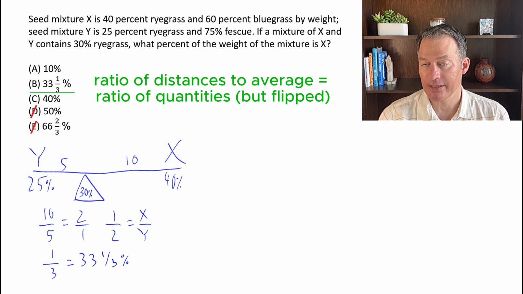Now you could also solve using algebra. The amount of ryegrass in the separate mixtures has to equal the amount of ryegrass in the combined mixture. So we can write 0.4x plus 0.25y equals 0.3 times x plus y. And then we distribute the 0.3 on the right.